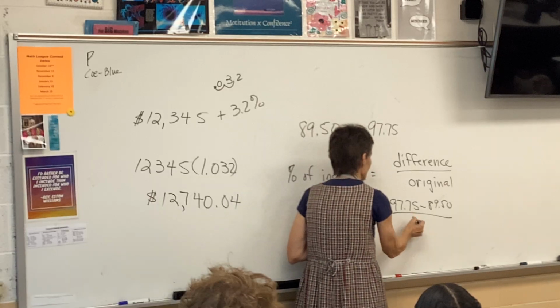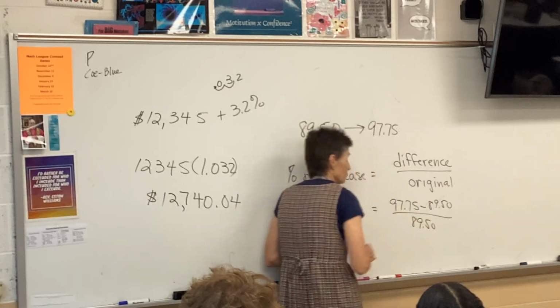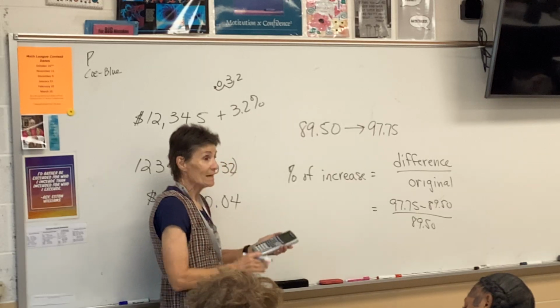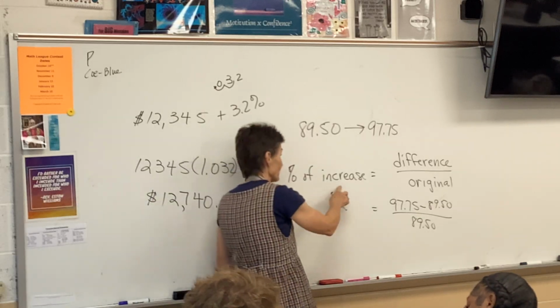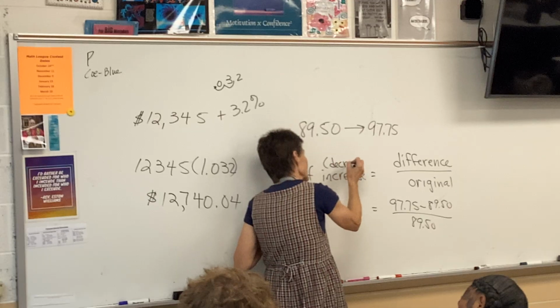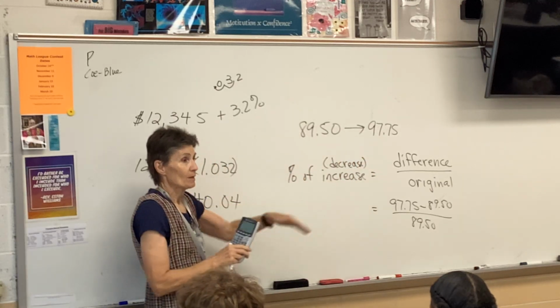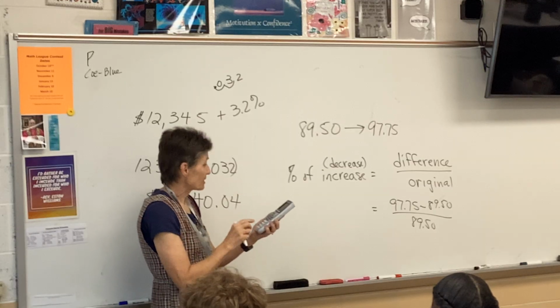And then divide it by 89.50. Anytime it talks about percent of increase or decrease, because sometimes things go down, that's your structure. Like he said, find the subtraction.